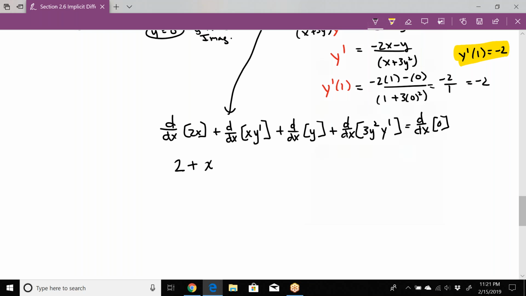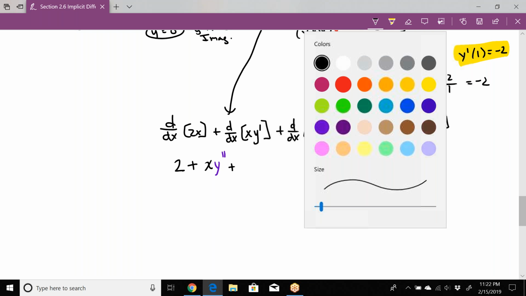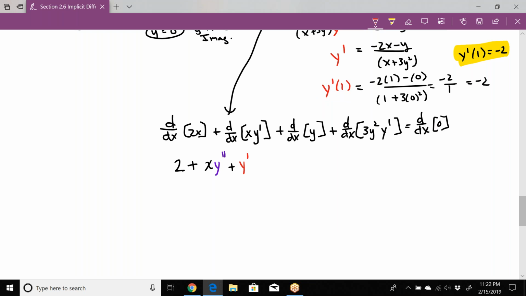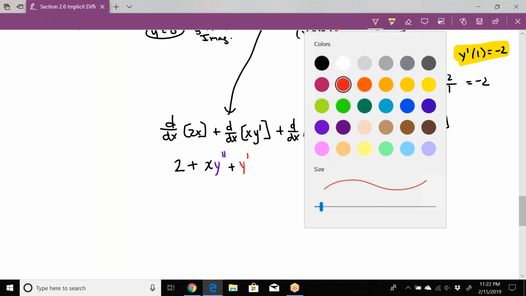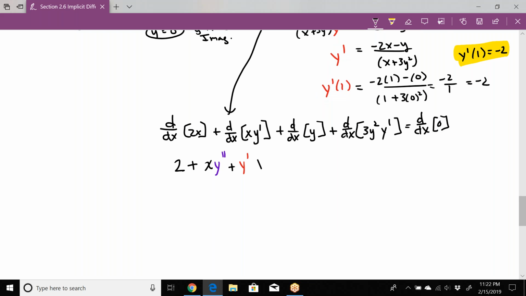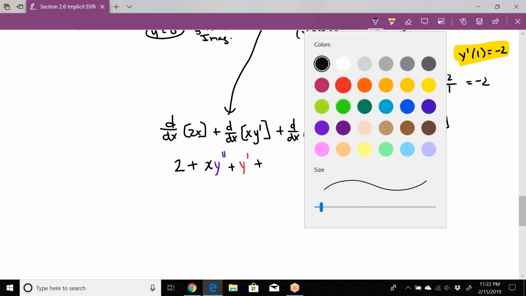Now that is a y prime, so when we take the derivative of it, it becomes a y double prime. And then plus, because I'm still not done with my product rule, we would write second, which is the y prime, times the derivative of the first, which is a 1, plus derivative of just y would be y prime.